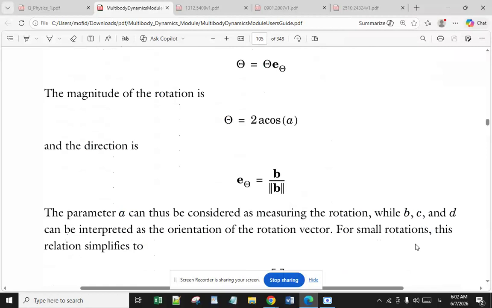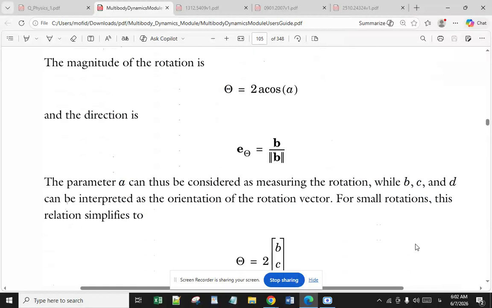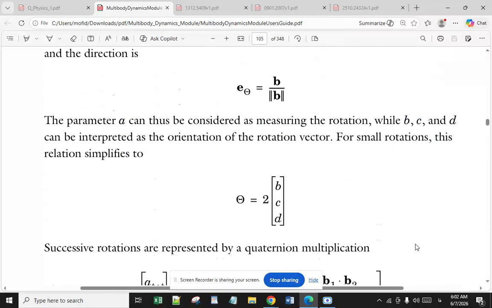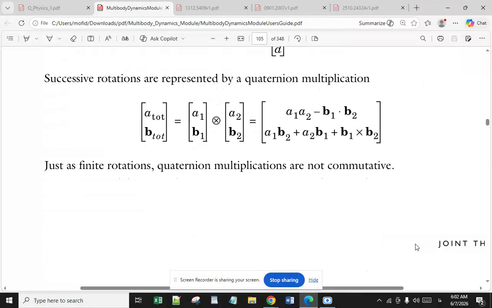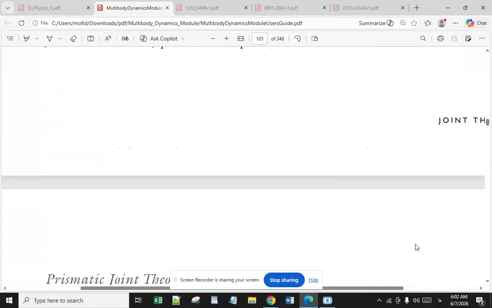The parameter a can thus be considered as measuring the rotation, while b, c, and d can be interpreted as the orientation of the rotation vector. For small rotations, the relation simplifies to these matrices. Successive rotations are represented by quaternion multiplications, and just as with finite rotations, quaternion multiplications are not commutative.